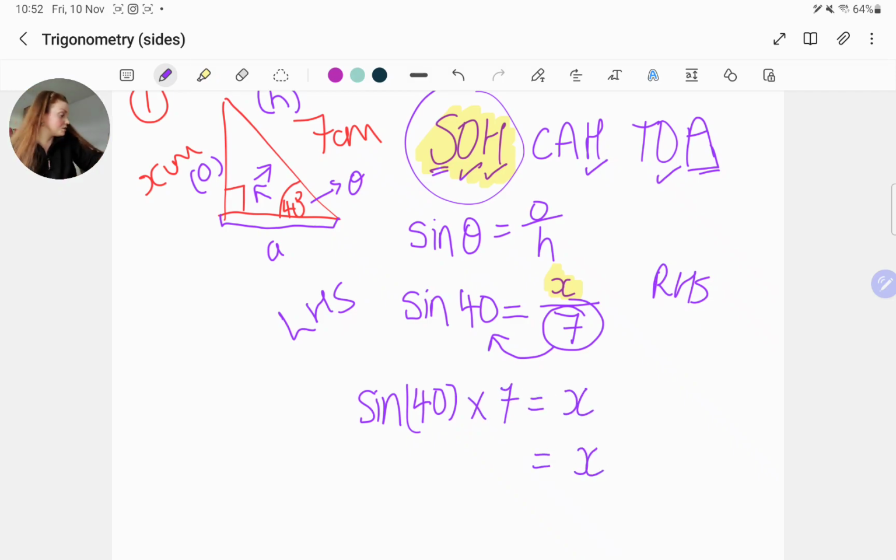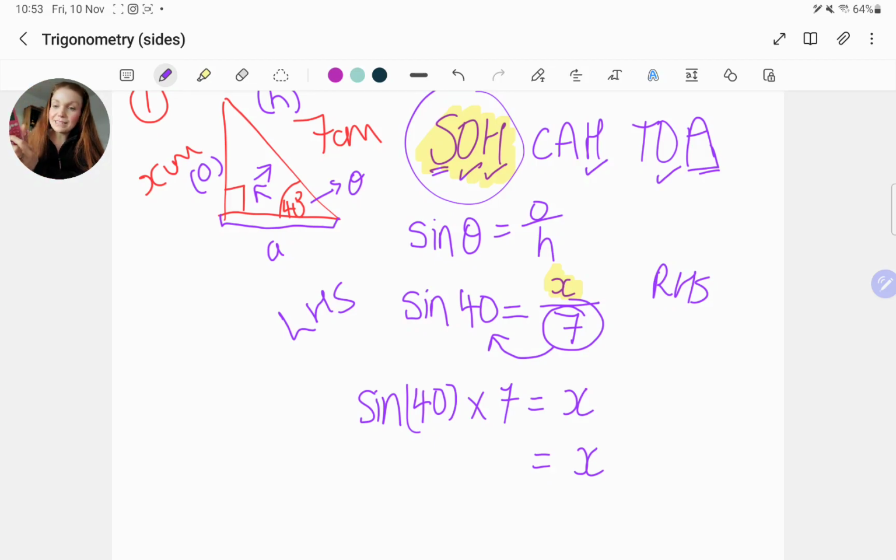So x equals, so get your calculator. You'll see there, I don't know if you can see my hands, the sine, cos and tan buttons on my calculator, okay? So those are the buttons we're going to use. So make sure you're comfortable and confident with your calculator.